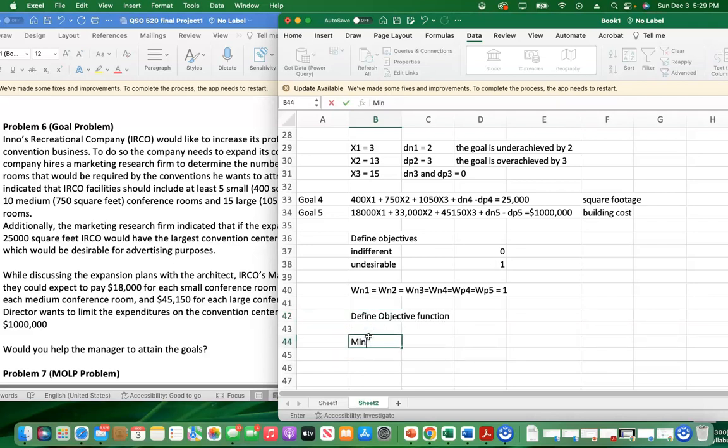So we are going to minimize. Now we are going to consider this weight. So it will be WN1, and so now we can define our objective function.